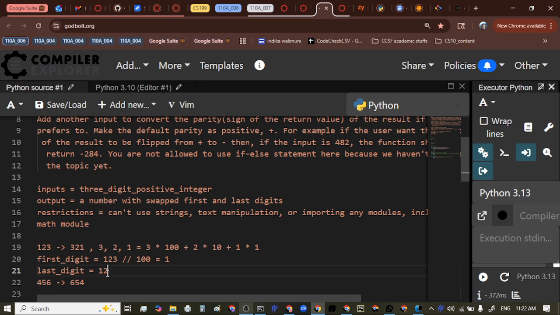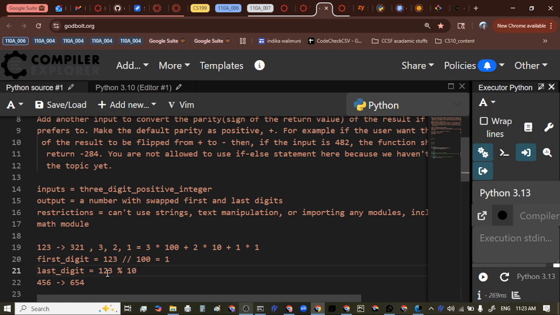So 123 modulo by what? Three? No, we are looking for 3, right? 10, yeah, 10 is the answer.